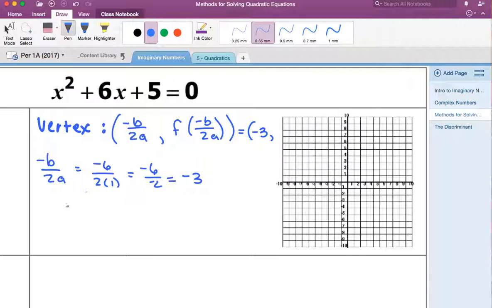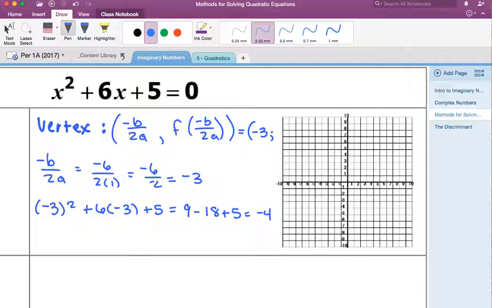I plug that negative 3 back in my function, so I'll get negative 3 squared plus 6 times negative 3 plus 5. So I'll solve that. Negative 3 squared is 9, plus 6 times negative 3 is negative 18, plus 5. 9 minus 18 plus 5, that's negative 4.